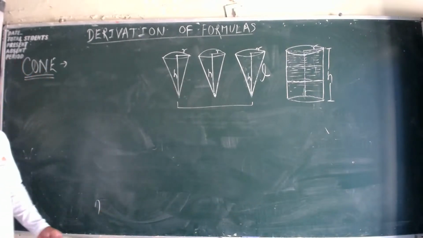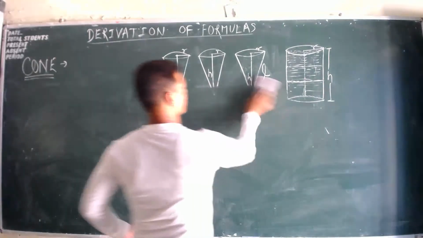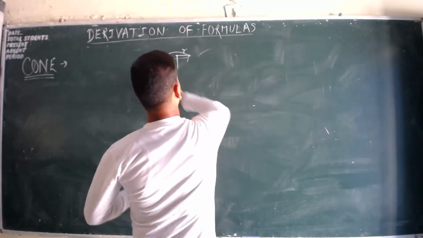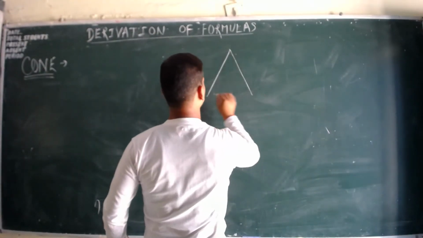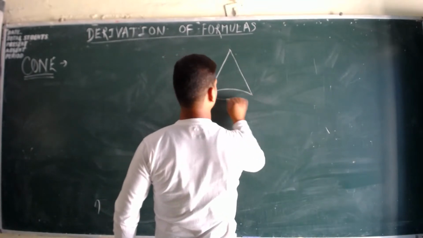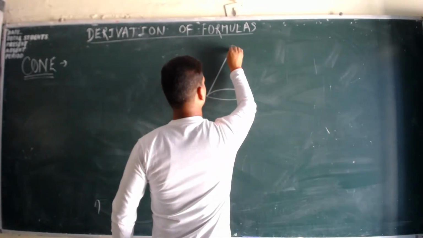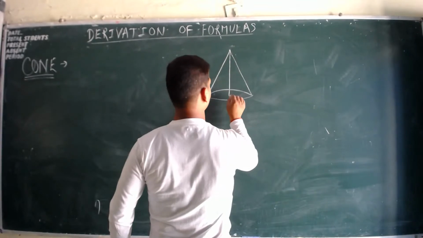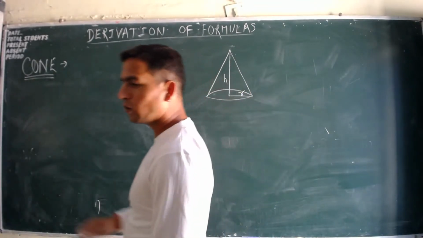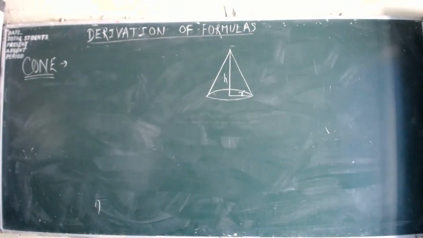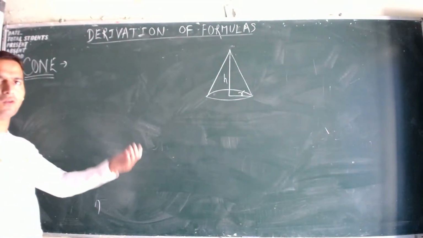Slant height. Now a cone. A right circular cone. Right circular cone figure is like this. Here base will be circular. Now this is radius, this is height. Now radius is on the horizontal line and height is on the vertical line.